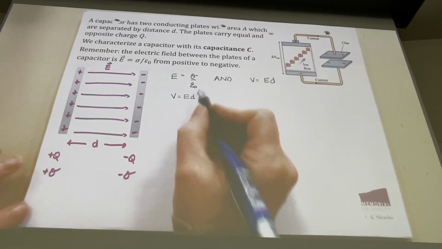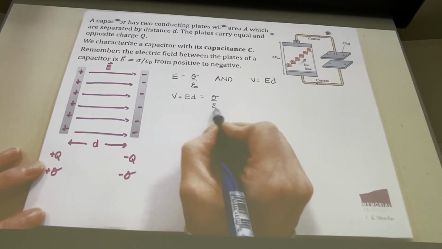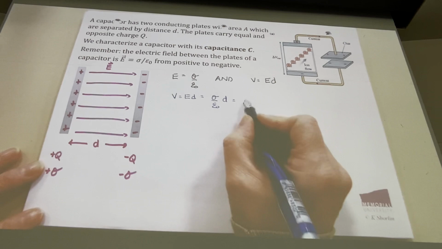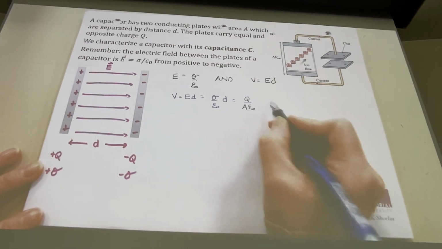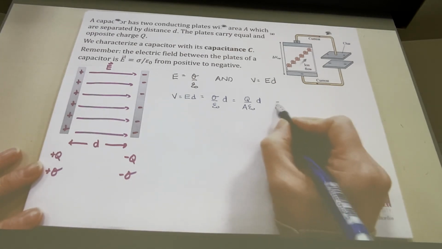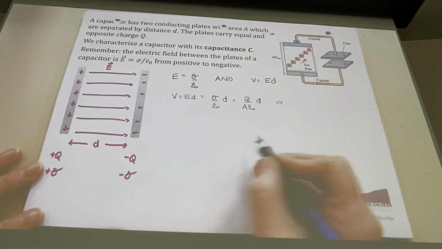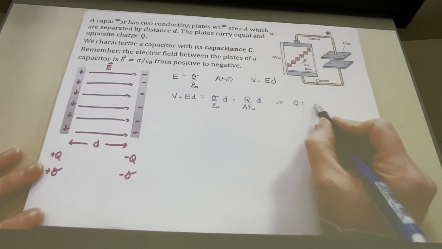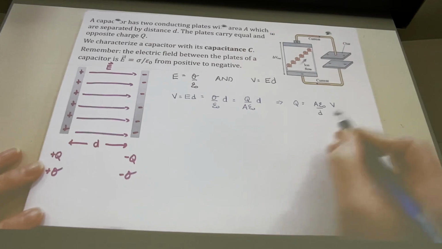Let's put in that our field is sigma over epsilon naught. And then we'll remember that sigma is our charge density, that's charge divided by area. So then our potential is charge times distance divided by area times epsilon naught, or, solving for Q, our charge is A times epsilon naught divided by distance, times the potential.